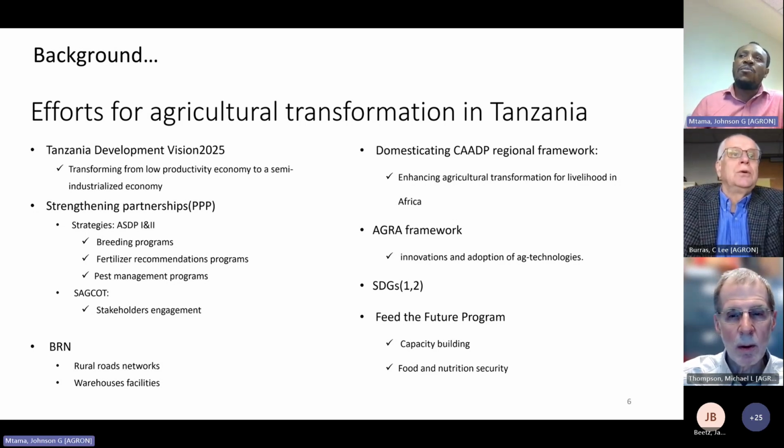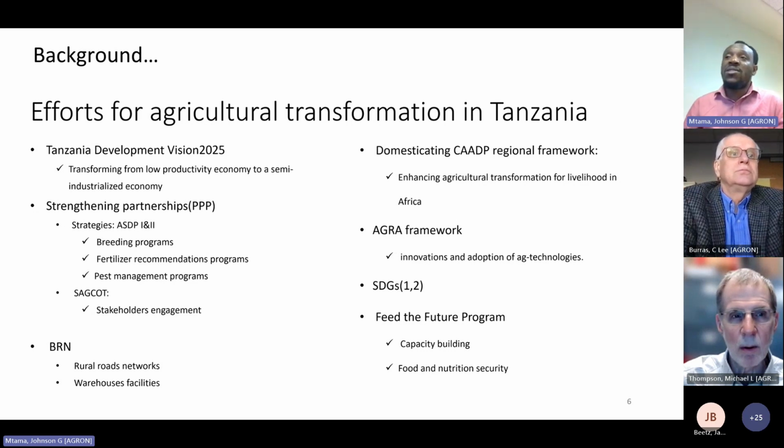So it has helped build capacity for the national research centers, as well as the universities. I am one of the beneficiaries of this program, as Dr. Boras mentioned during the introductory remarks. They sponsored my master's program back then in 2013 to 2015. So these kinds of collaborations really help Tanzanians transform the agricultural sector.